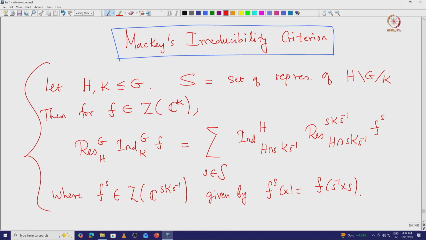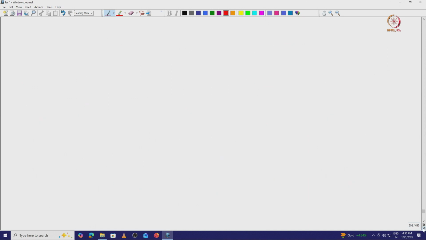So, let us use this result in order to conclude Mackey's irreducibility criterion. For that we are going to fix only H to be a subgroup, take K to be H, and then apply this theorem. Here is the theorem.